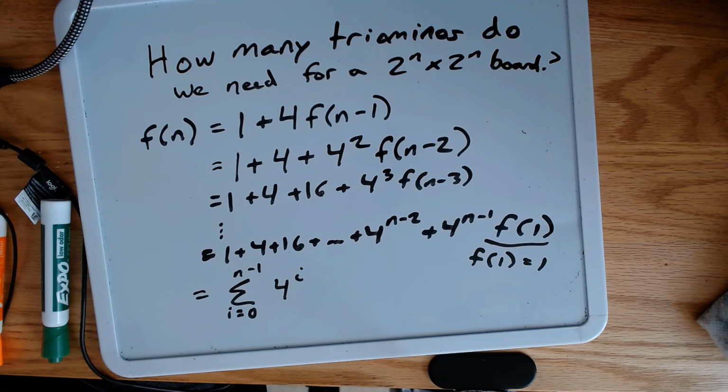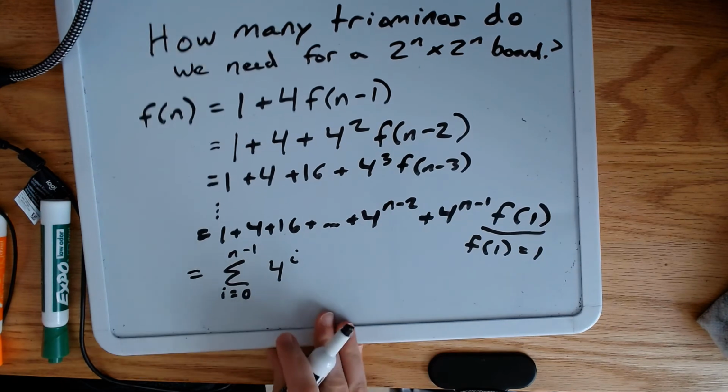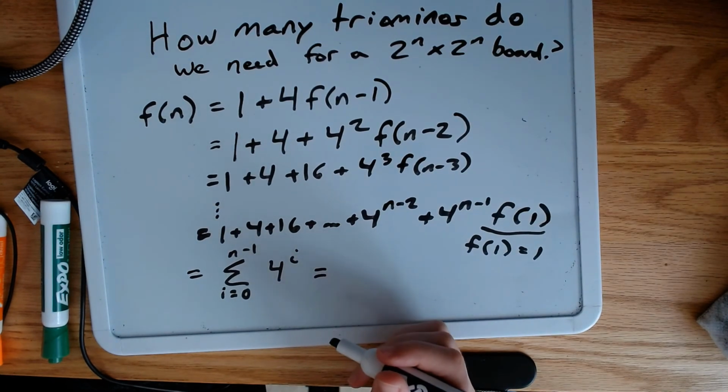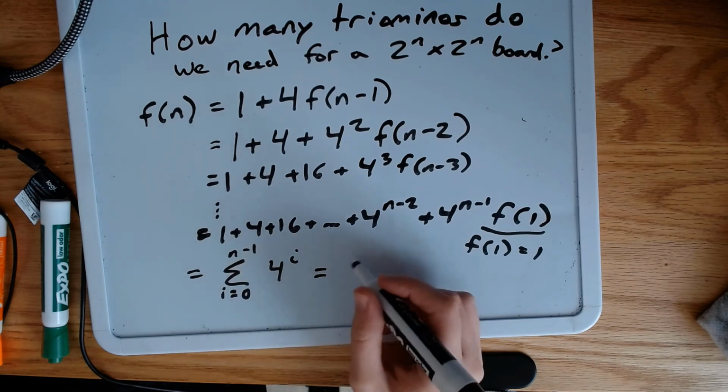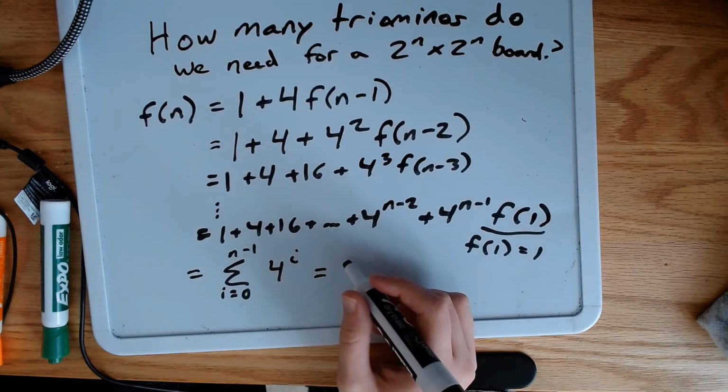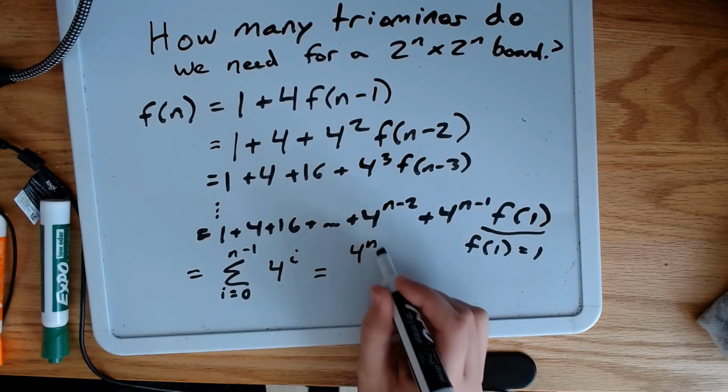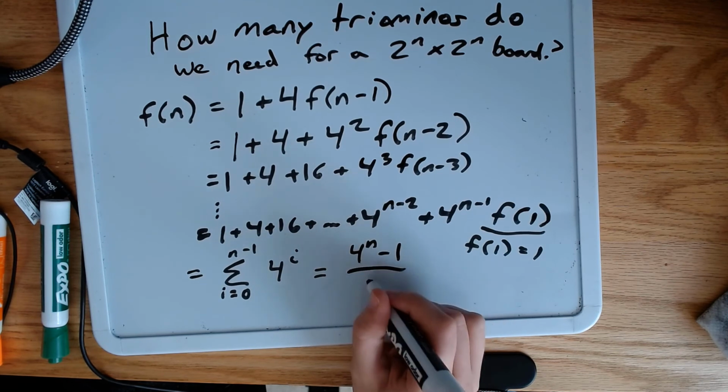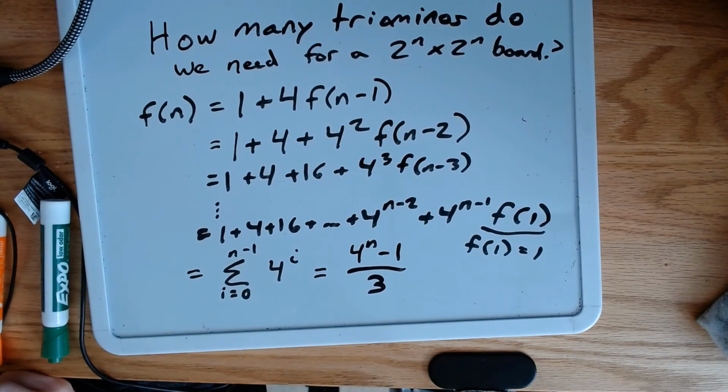Which, if we're a little clever, or use what we know about geometric series, or sorry, sequences, we can find is 4 to the n minus 1 over 3.